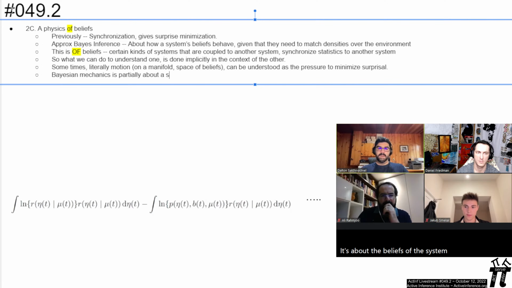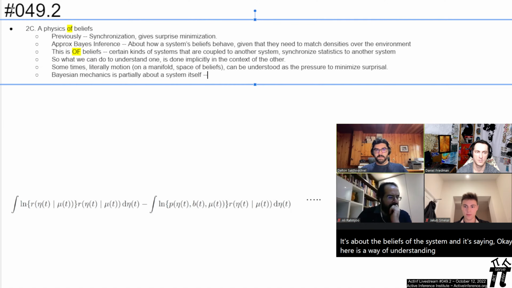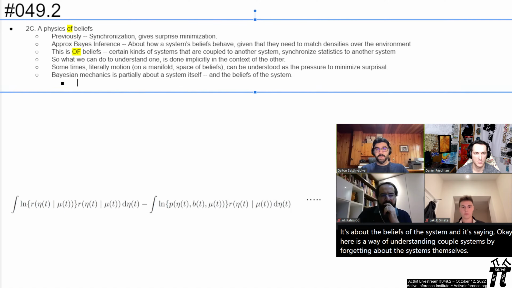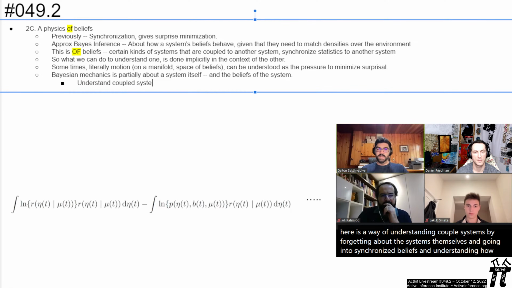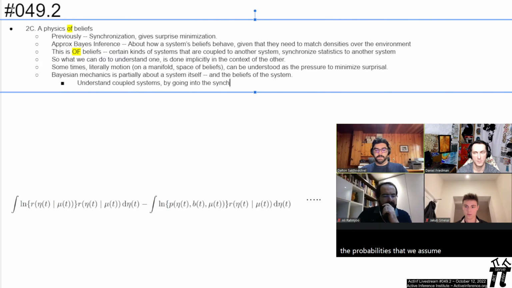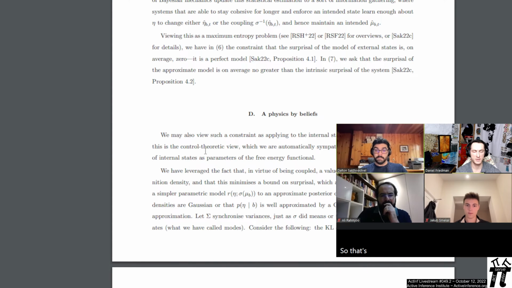It's a way of understanding coupled systems by forgetting about the systems themselves and going into synchronized beliefs, and understanding how synchronization affects the probabilities that we assign to system states. Great. So that's physics of beliefs.